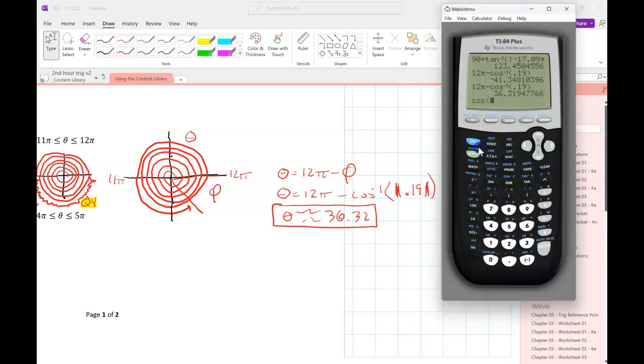Yeah, I want to make sure that cosine of that angle does give me 0.19. Does. And then I want to make sure that 11 pi is smaller than 36.3. It is. And that 12 pi is bigger. It is. So I am satisfied.